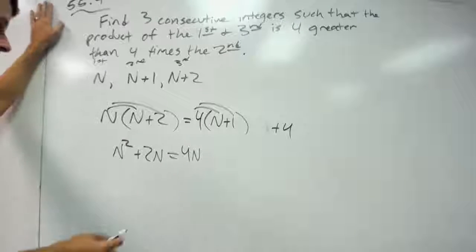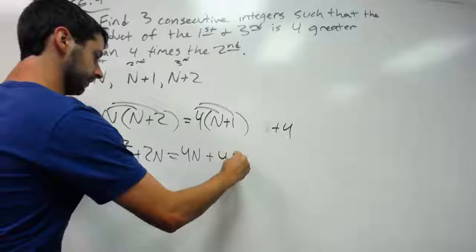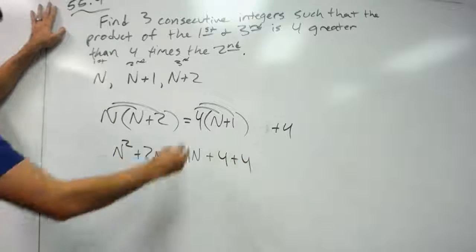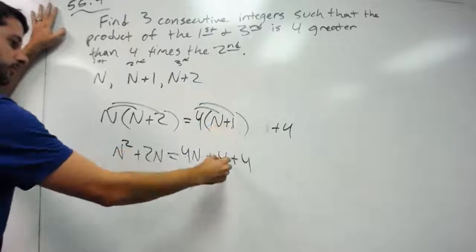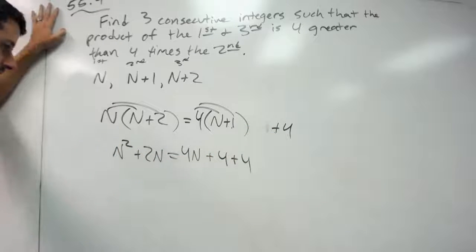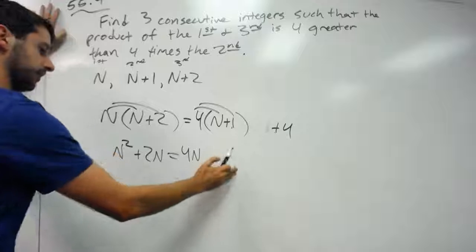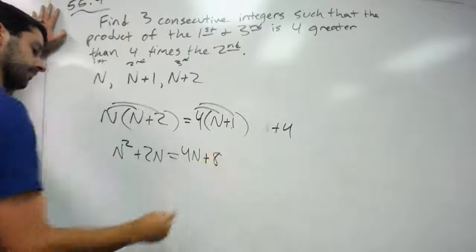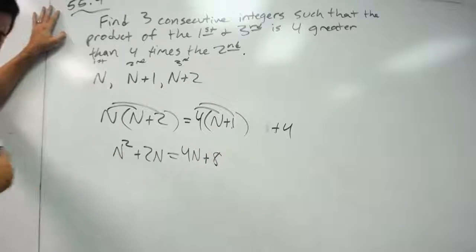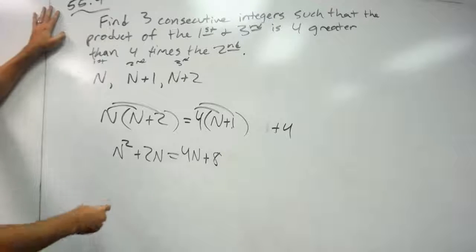Oh, those don't cancel. I don't know what I was doing. Okay, confused myself. 4 times 1 is 4 plus 4. I think I wrote minus 4. So these add to be 8. So we do have the extra number to deal with. Does that have to be 8? My bad. Once again, team, I'll take that one.